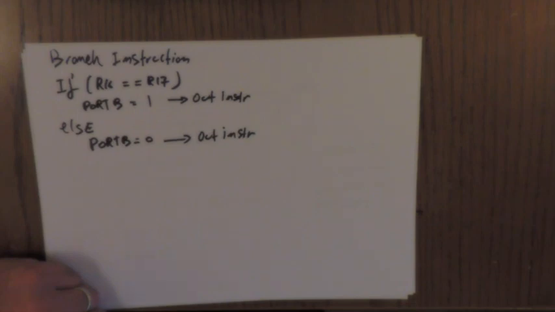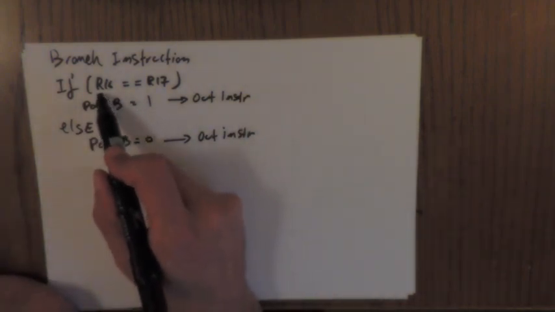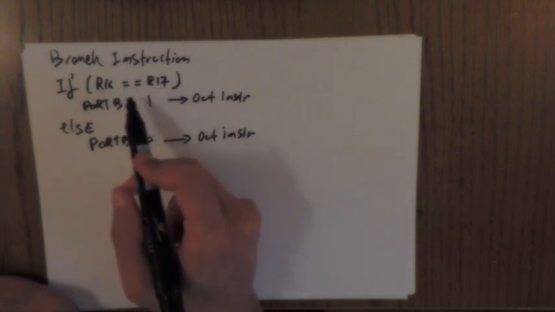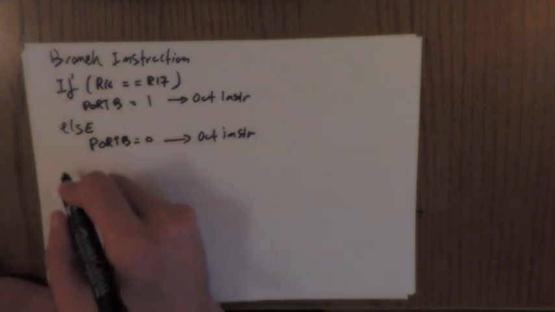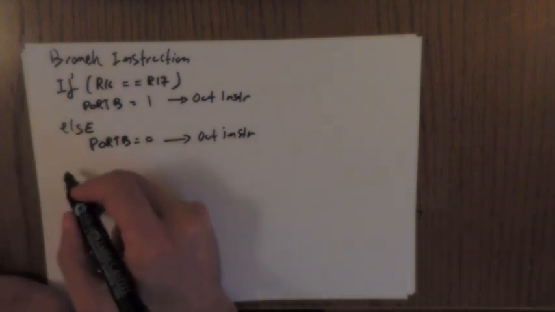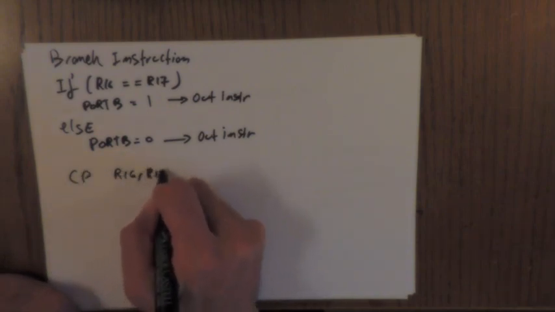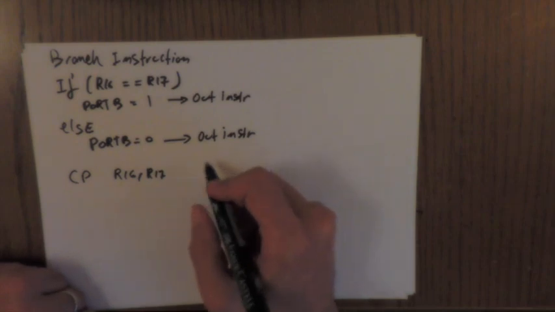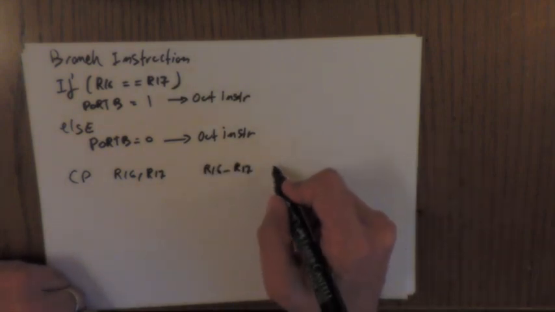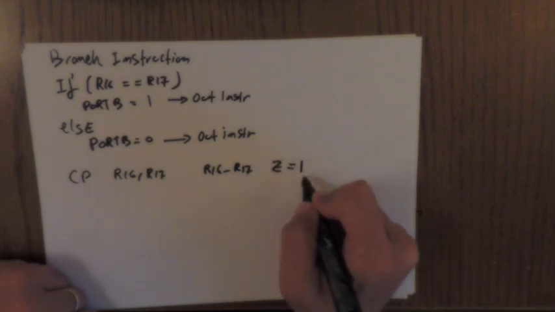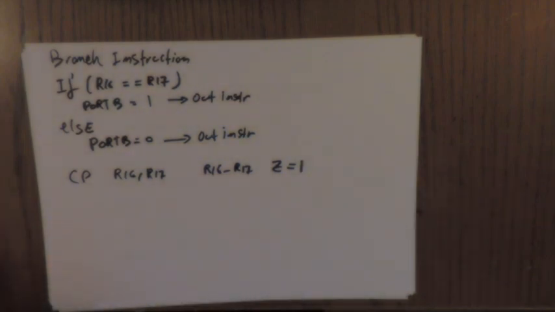So here, what we want to do is, first, compare those two. We can do this with a subtract operation, or we can just use the CP instruction. So we can do something like CP R16, R17. What this does is it actually subtracts R17 from R16. If the result is 0, it implies the zero bit is equal to 1. So now I need to make a choice.